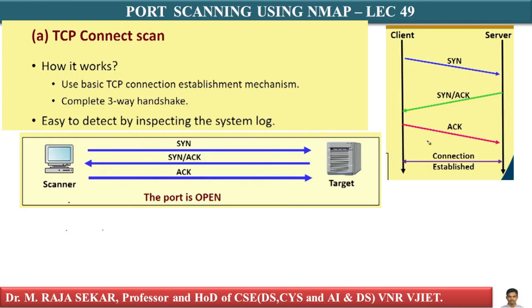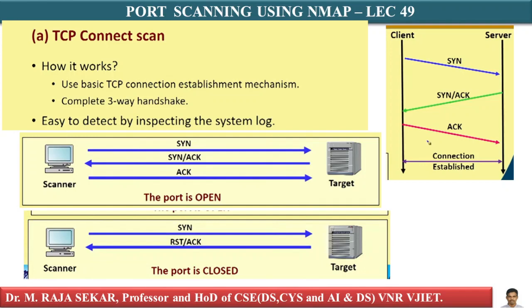But if you send a SYN request and get back something called RST ACK, with the RST ACK bits set, that means connection establishment is not possible. That port or the application is not running right now. This means that the port is closed.